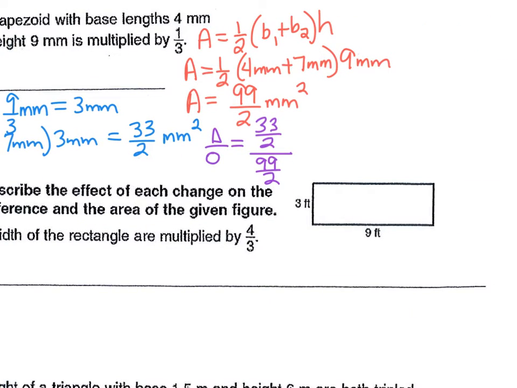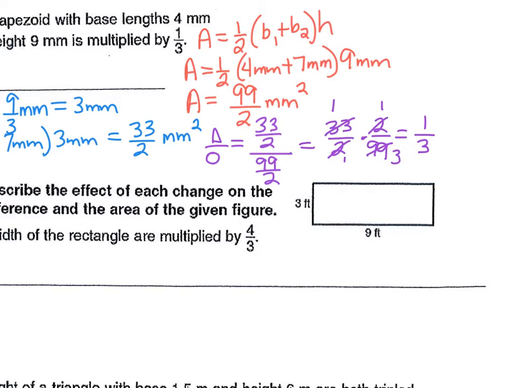And when I use my basic skills on simplifying fractions, this is 33/2 times the reciprocal of the bottom fraction, which is 2 over 99. Then you simplify by 2, these are 1. And by 33, that's 1, and 99 by 33 is 3. So 1 times 1 is 1, 1 times 3 is 3. So the change over the original is 1/3.